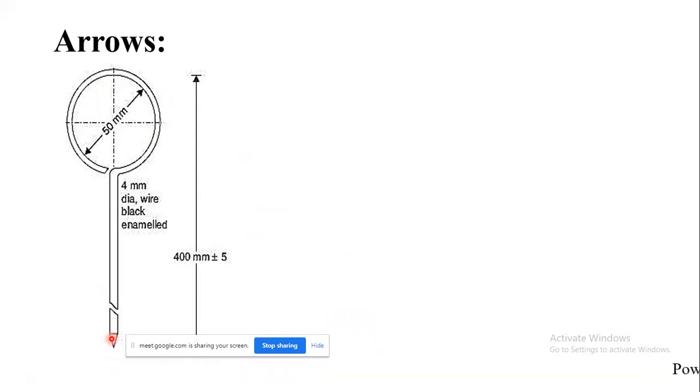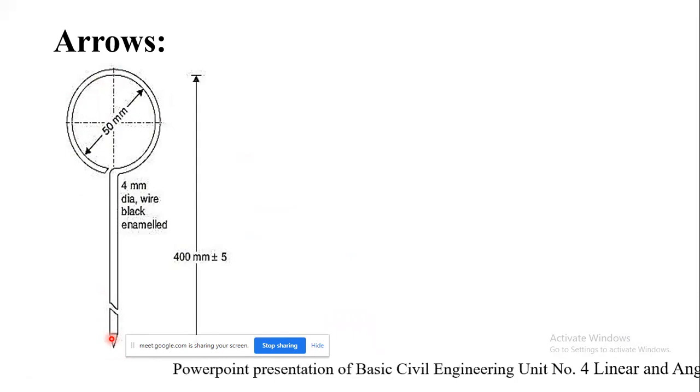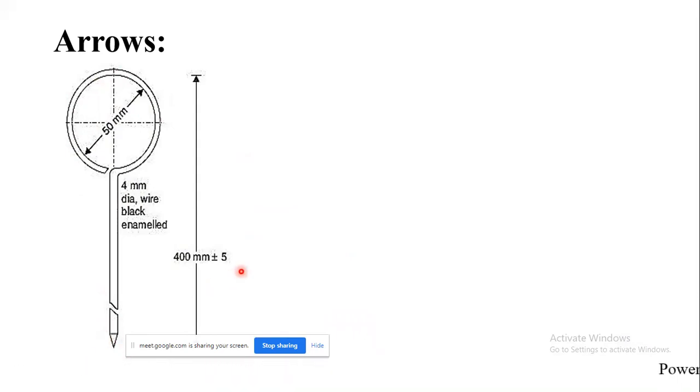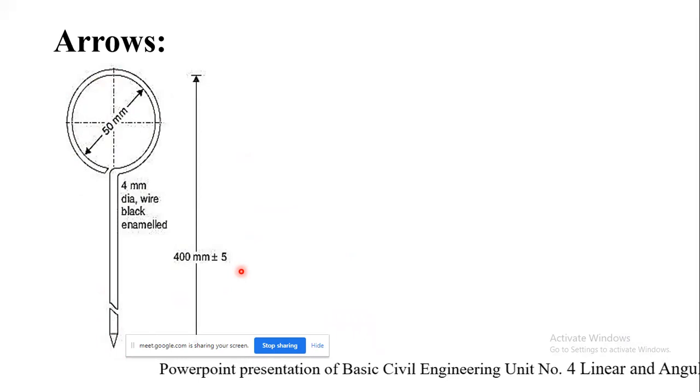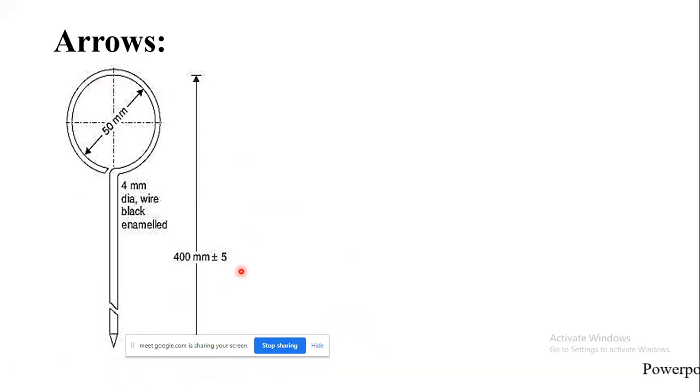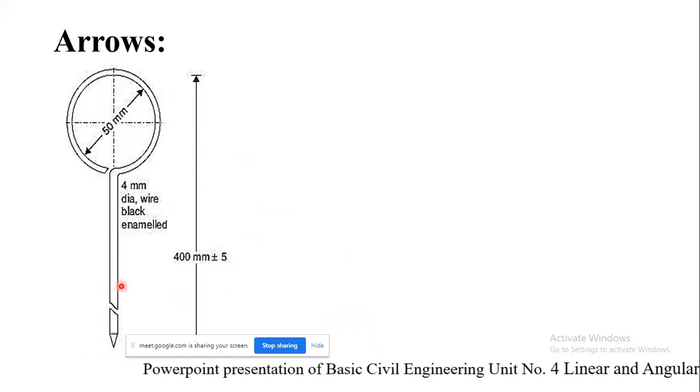If I want to measure the distance between any two points, I can measure it. But we have a restriction with the chain, because after a 20-meter distance it is going to stop. If I am interested in measuring a 100-meter or 110-meter distance, then at the end of each chain we insert this arrow.